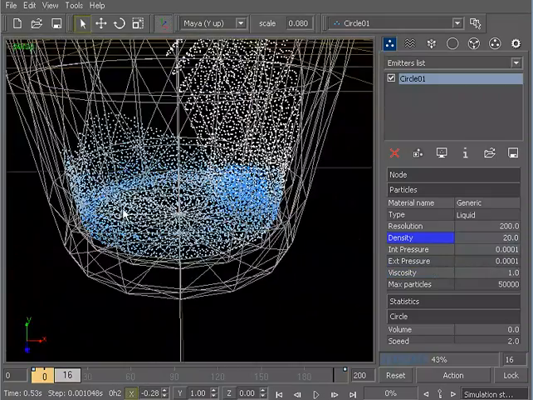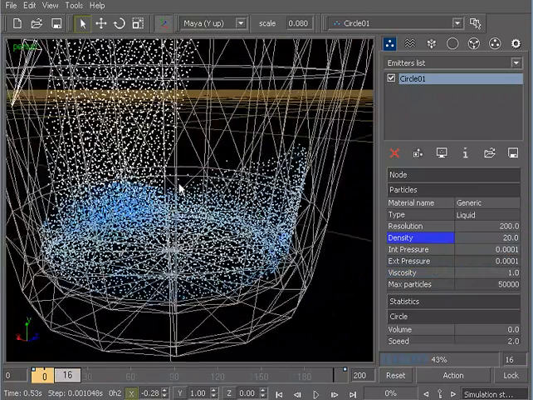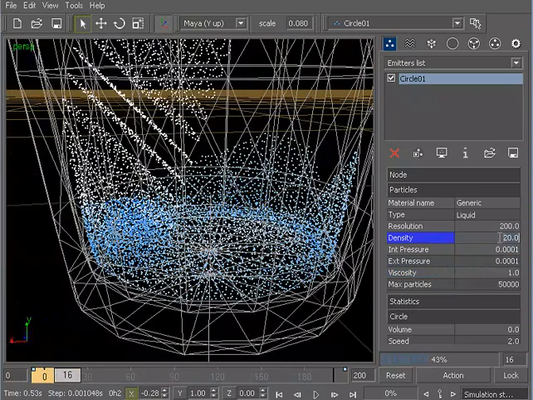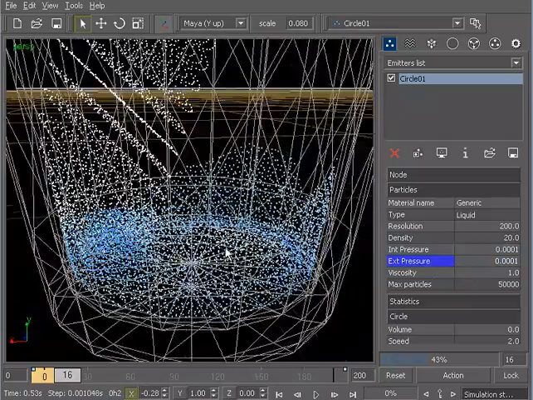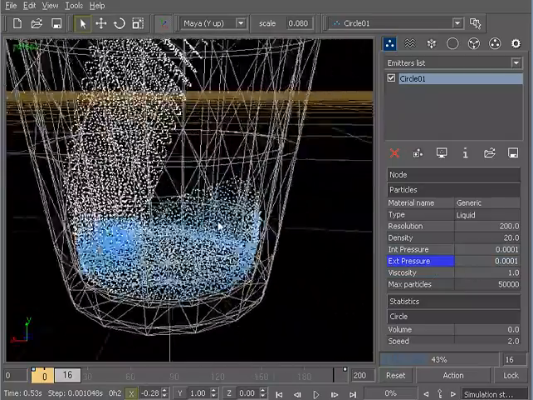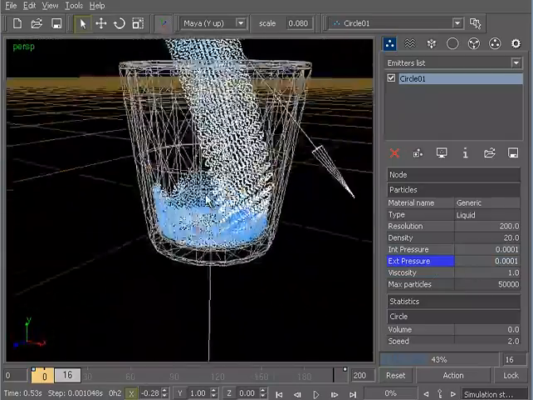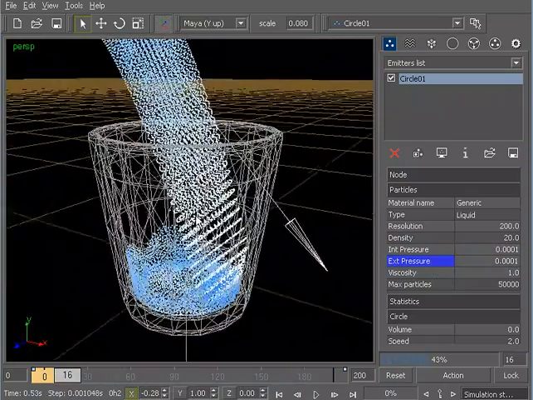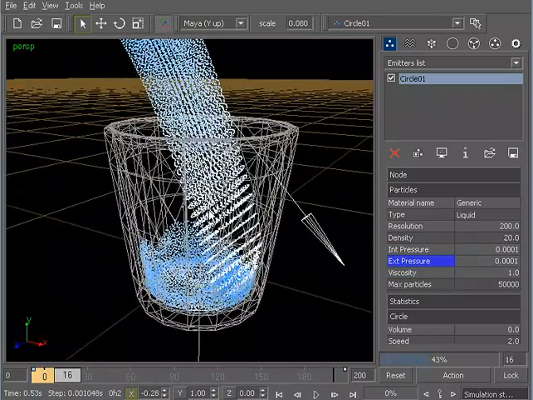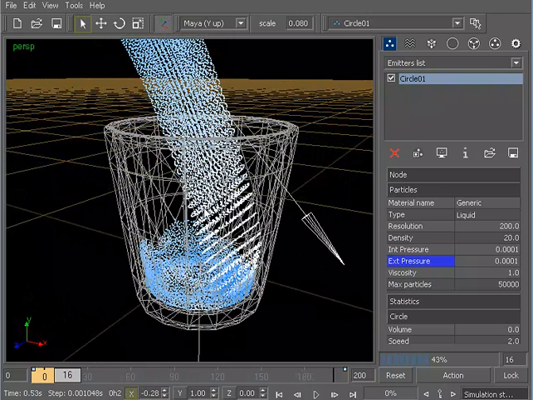So we have a pretty thin amount of particles coming up the side because, number one, we've lowered the density, and number two, we've lowered this internal and external pressure. So we have something that's much more thin looking, sort of like what you would expect to get with water. So in the next lesson, we'll keep refining this water simulation.